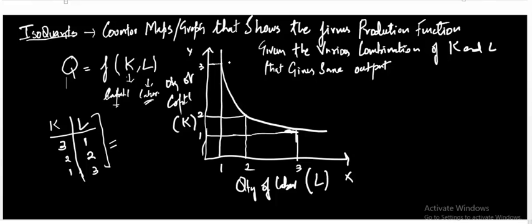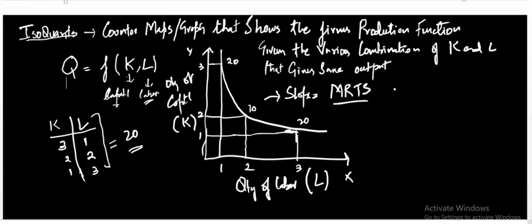Say, for example, the output over here is 20 units, the output over here is 20, and the output over here is 20. So the isoquant is that curve which shows the different combinations of capital and labor that give us the same level of output. Now the slope of this isoquant is equal to the marginal rate of technical substitution, like we had in the indifference curve, which means the amount of labor that we give up to employ more and more capital.